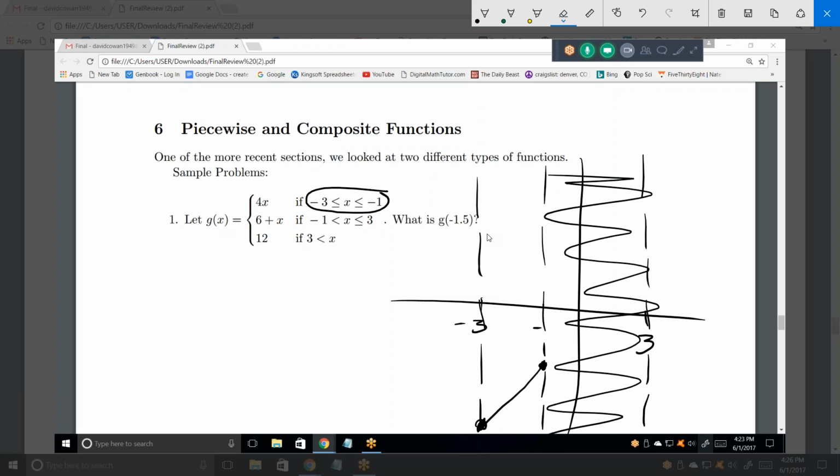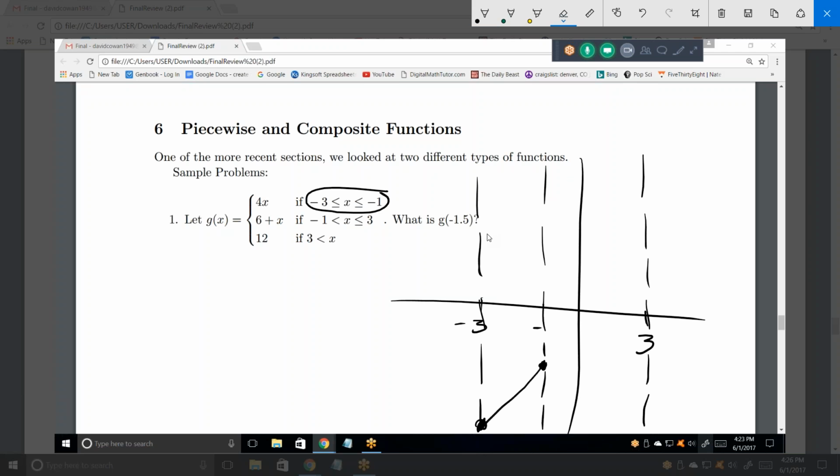In that zone, the problem is 6 plus x, which is a line that's going to go through 6, has a slope of 1, going to look like that, and it's open circled on the left because of that. And it's closed circled on the right because this one is a less than or equal.